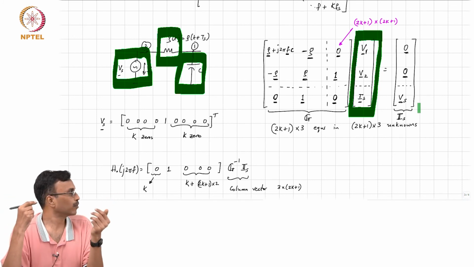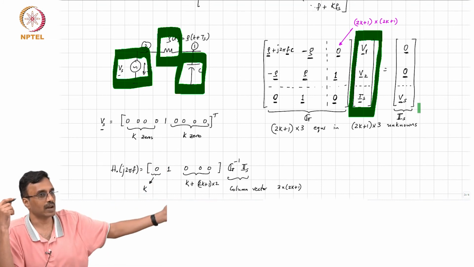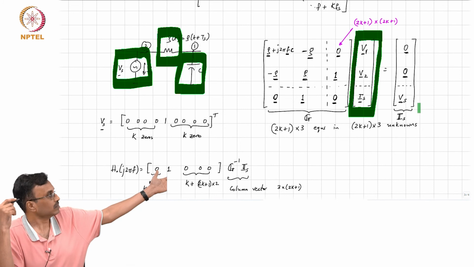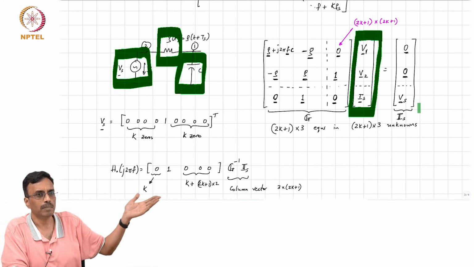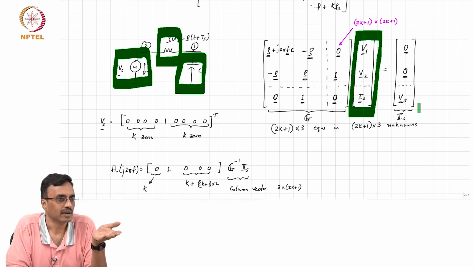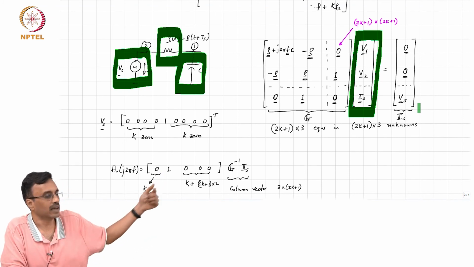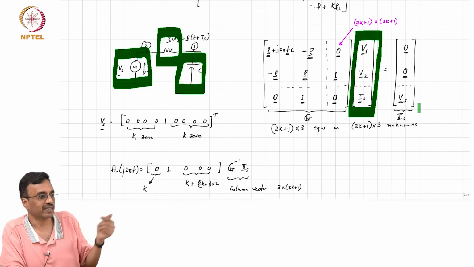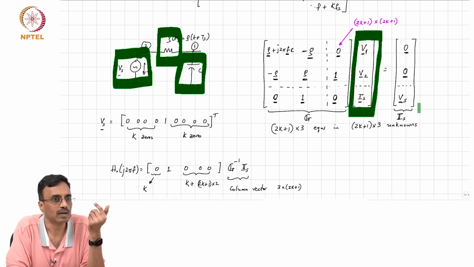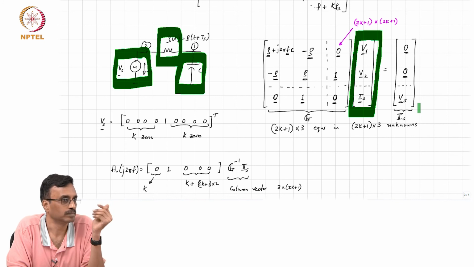And of course, if your network turned out to be time invariant, you will find that all these matrices will become diagonal matrices, right? And then you will find that all the unknowns except the zeroth order harmonics will all be 0. Correct?